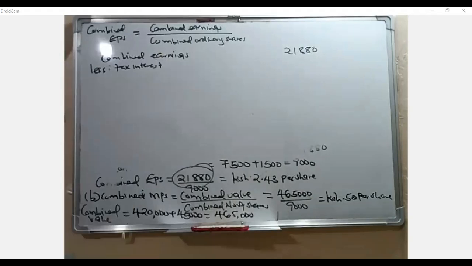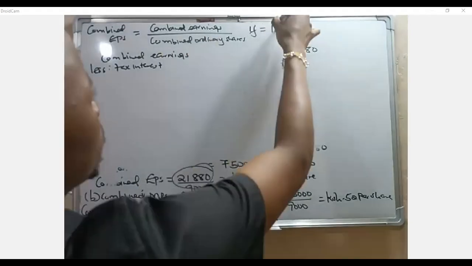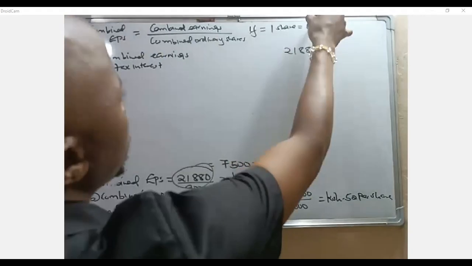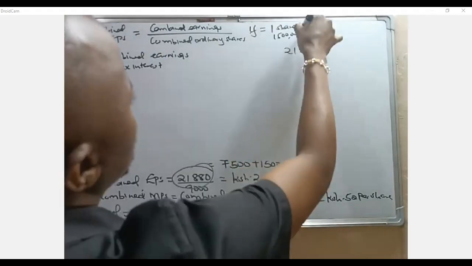The examiner says that for every share held in Alpha Limited, so if one share is offered 100,000, what about 1,500 shares?